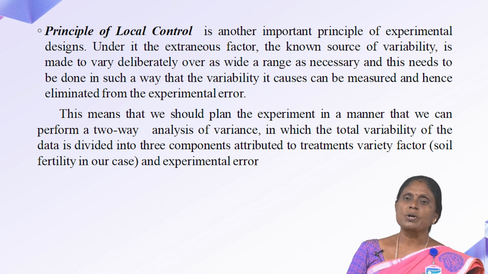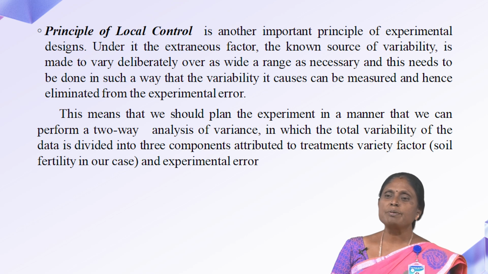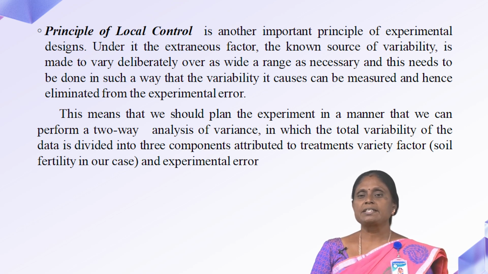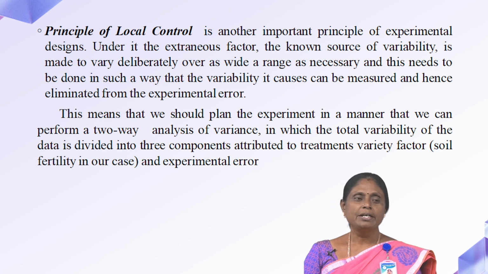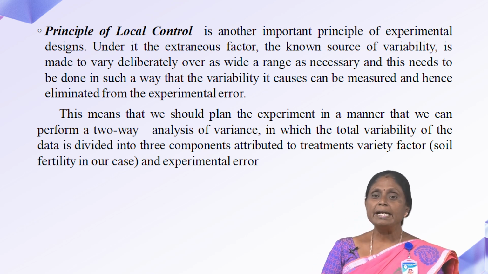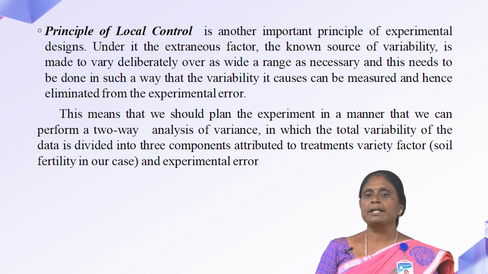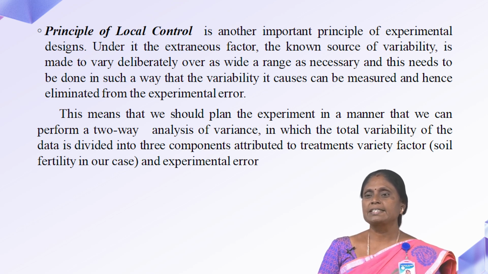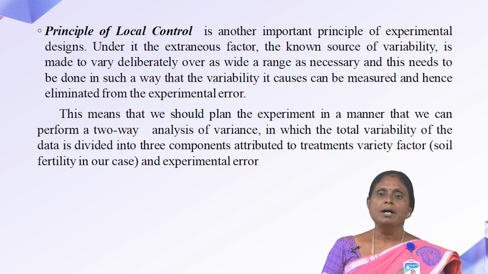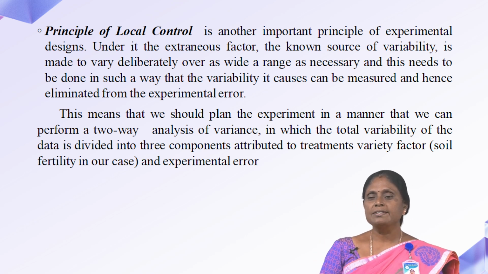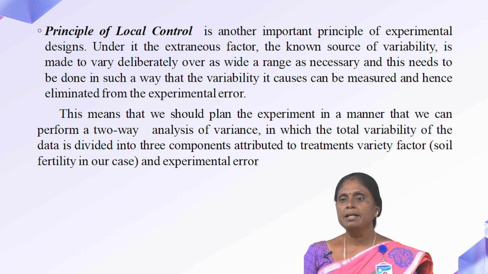Next, the principle of local control. It is another important principle of experimental design. Under this, the extraneous factor, which is known as the source of variability, is made to vary deliberately over a wide range as necessary, and this needs to be done in such a way that the variability caused by it can be measured and hence eliminated from the experimental error.